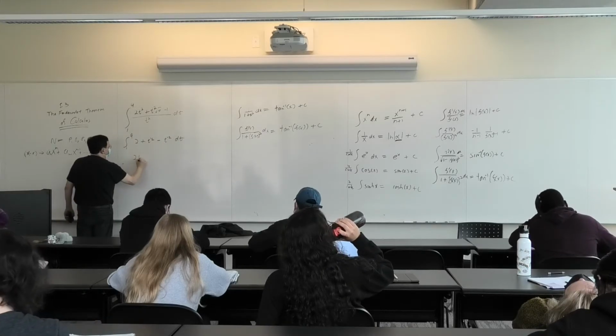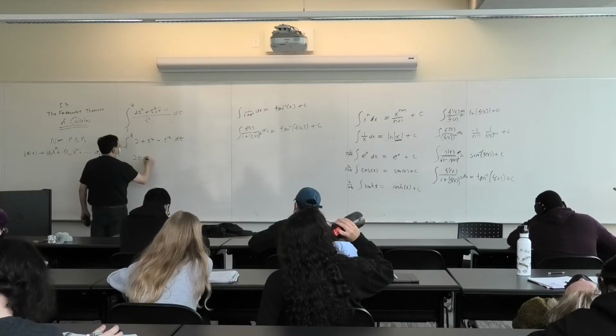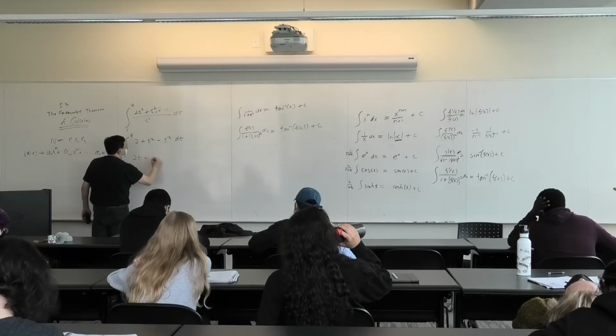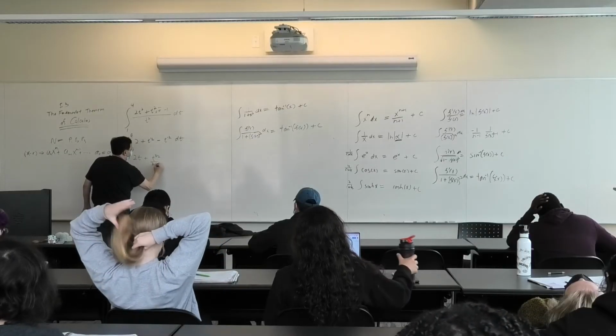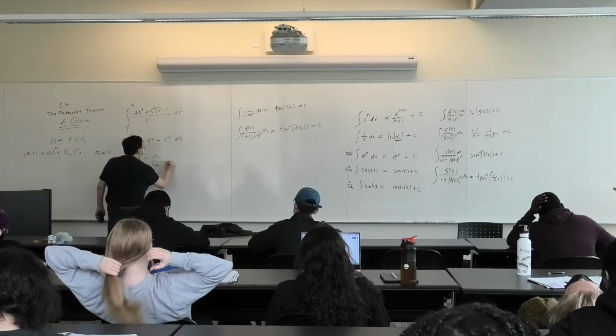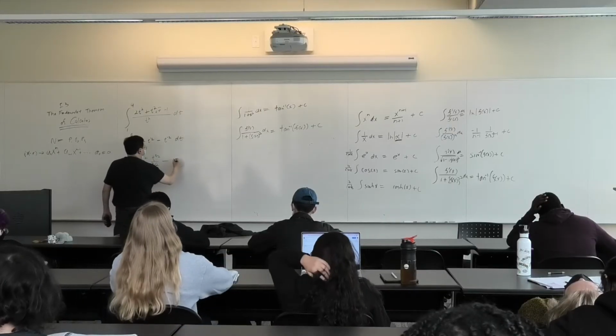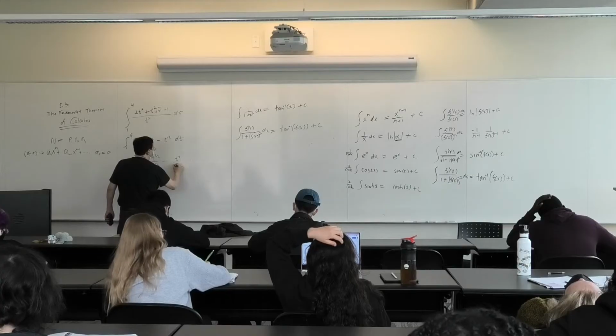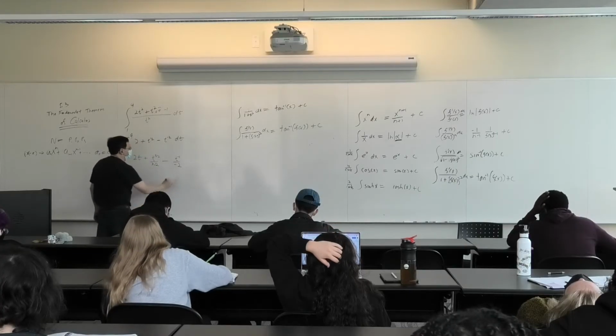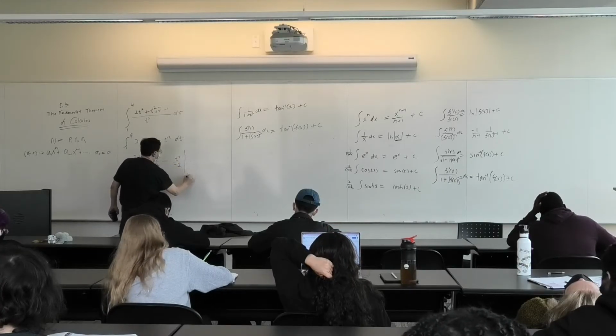So I'm going to get 2t plus t to the 3/2 over 3/2 minus t to the minus 1 over minus 1, from 1 to 9.